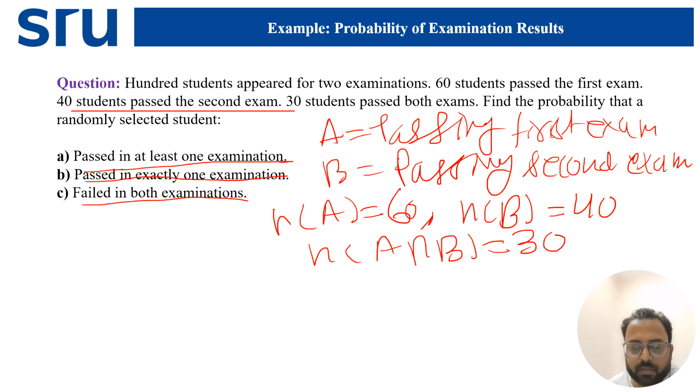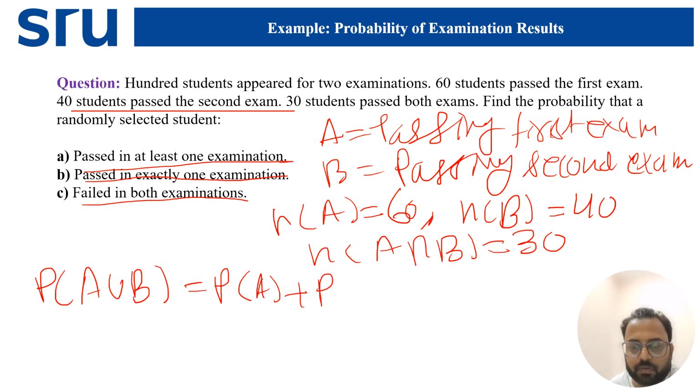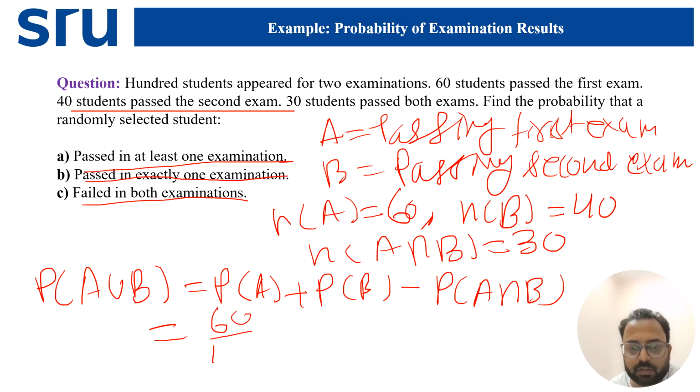So A or B means A union B. By using the addition rule, P of A union B is equal to P of A plus P of B minus P of A intersection B. So probability of A is 60 divided by 100, plus probability of B, 40 by 100, minus A intersection B, 30 by 100.